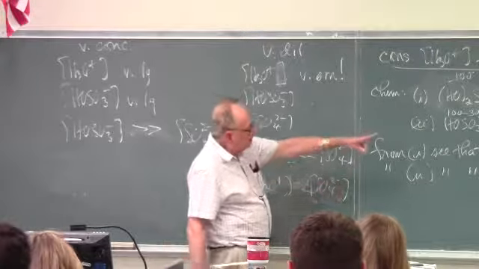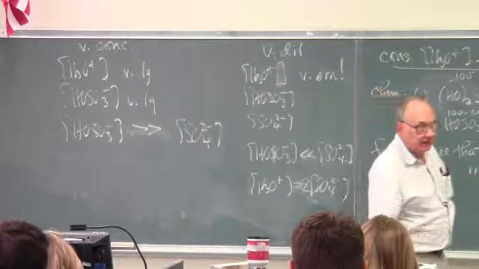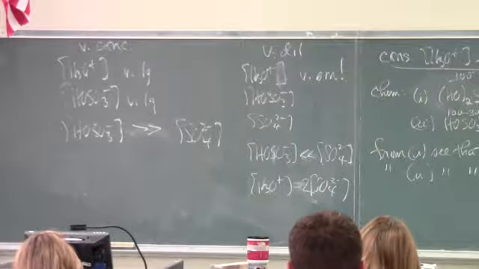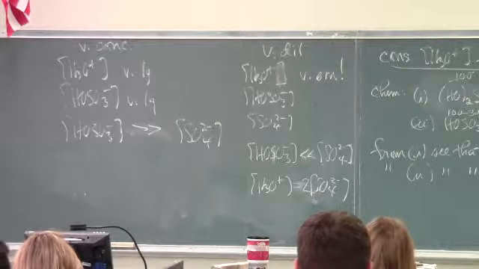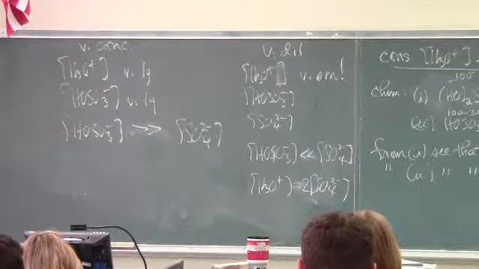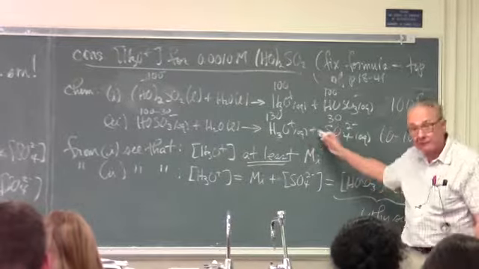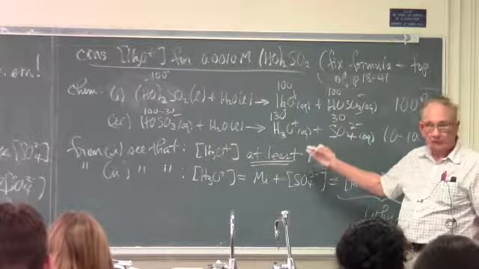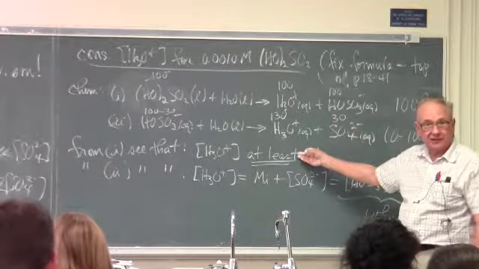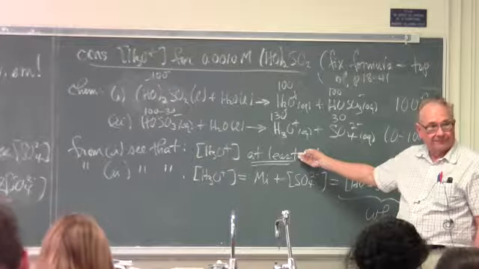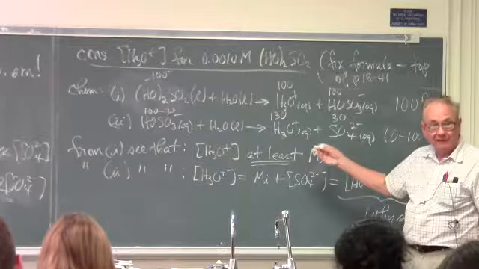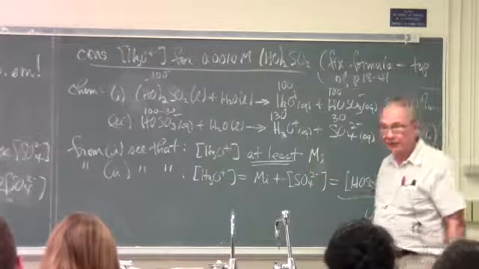Because practically speaking, now the second reaction is going 100% if it's quite dilute. Well then, remember what we had here? From the first reaction we get hydronium ion. Second reaction we get hydronium ion and an equal mole quantity of sulfate ion. Total hydronium ion, what you get from the first plus what you get from the second. So in this case, hydronium ion molarity is going to be twice the sulfate ion molarity.